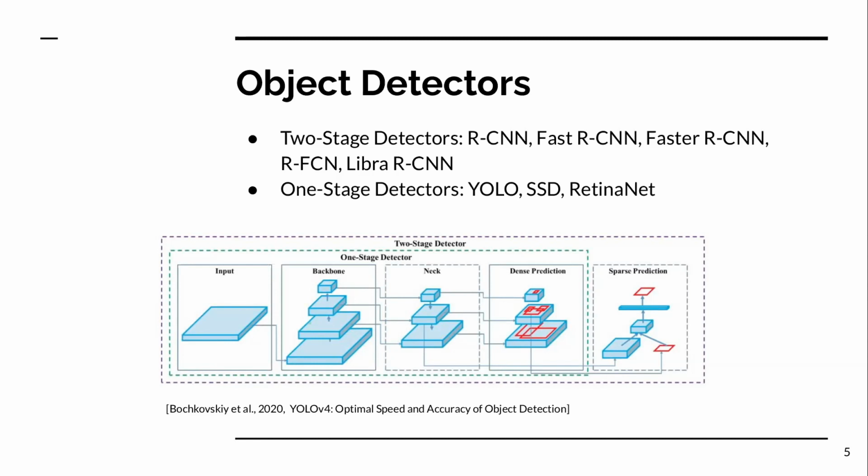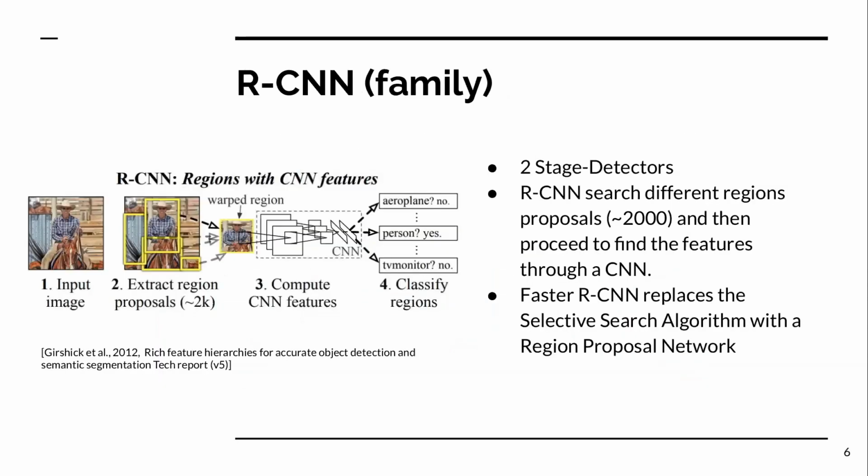As an example of a two-stage detector, we have the schematics for R-CNN. The first step is our input image. Once we have our image, we proceed to select different regions through an algorithm, in this case selective search, which consists in reading different blocks of information around the whole picture.